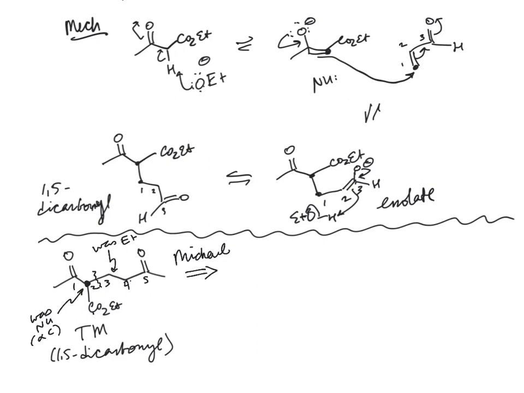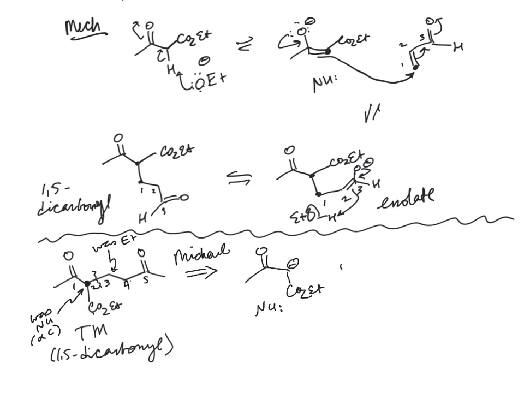So let's take a step back and look at our synthons. We have an enolate as a nucleophile, and this is a reasonable nucleophile, especially because it's a stabilized enolate. It has some extra resonance stabilization with both carbonyls.